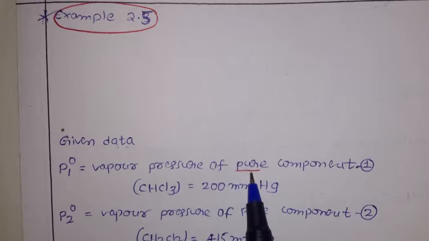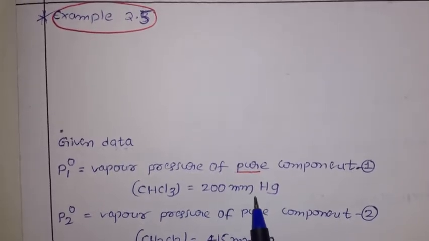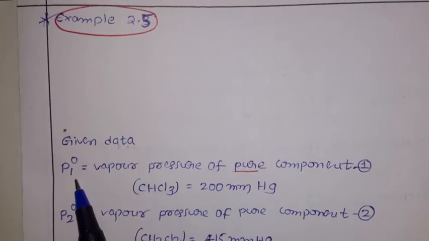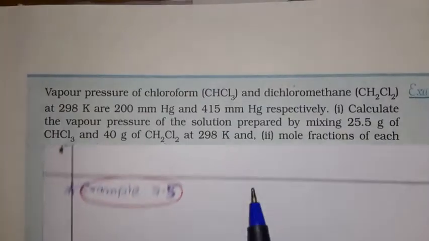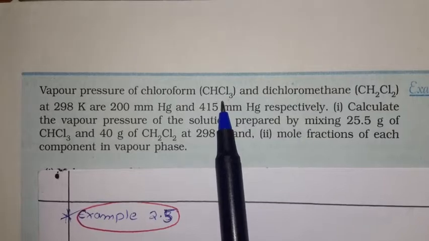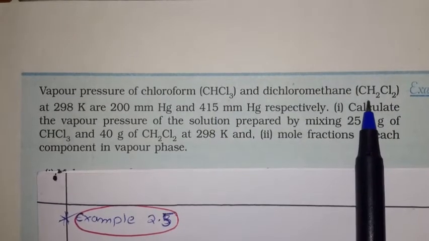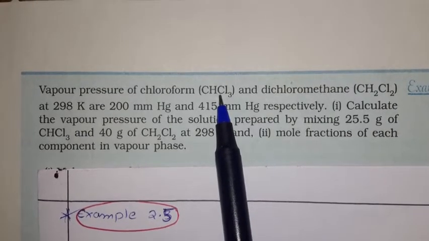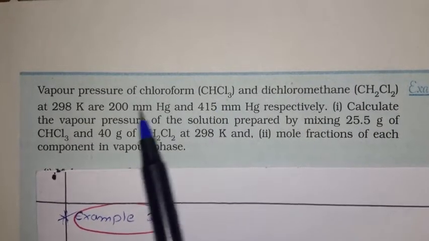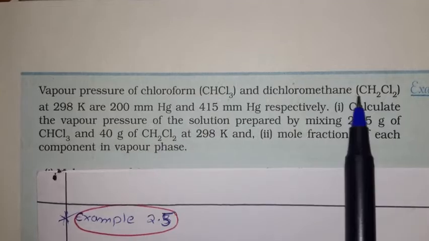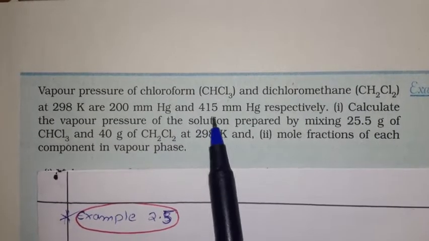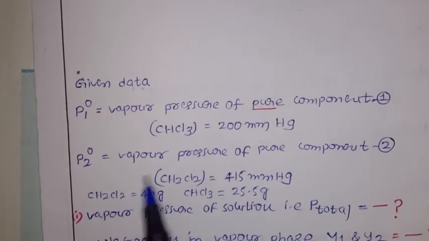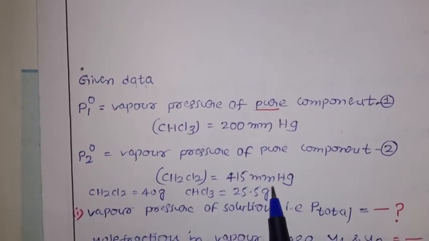So the pure component pressure is 200 mm of Hg, and I am assuming it as P1 because the textbook gives chloroform first and dichloromethane second. So P1 naught is 200 mm of Hg, and P2 naught is 415 mm of Hg.